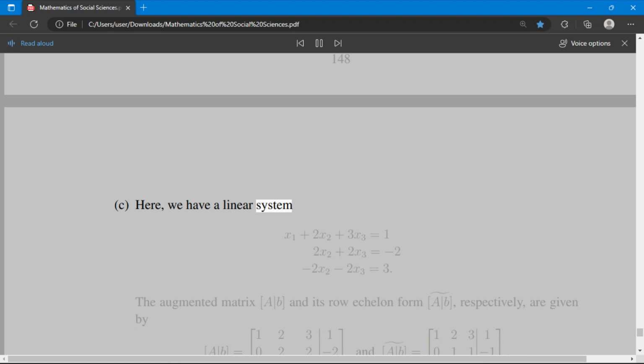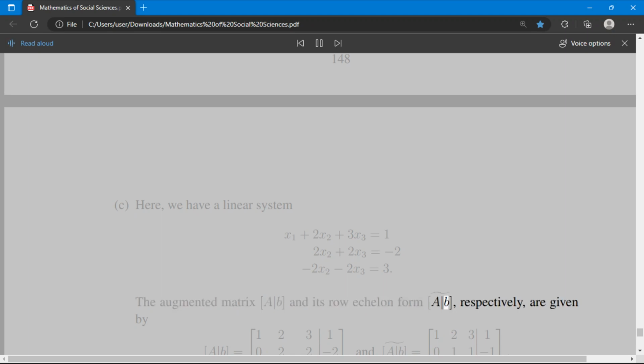C. Here, we have a linear system x1 plus 2x2 plus 3x3 equals 1, 2x2 plus 2x3 equals 2, 2x2 plus 2x3 equals 3.